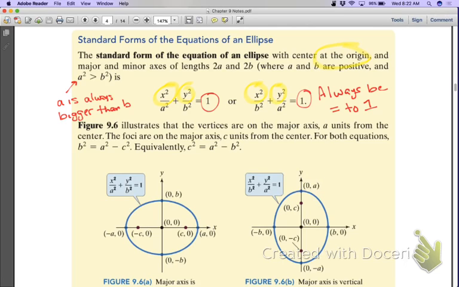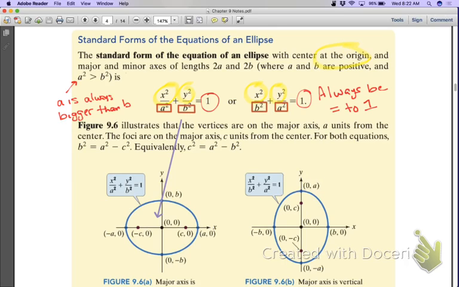No matter what. That's the reason why we have the two different formulas, where A is with the X and B is with the Y, and then in the other case, A is with the Y and B is with the X. If your A value, your bigger number, is with the X value, then it's going to be the long way, horizontal.